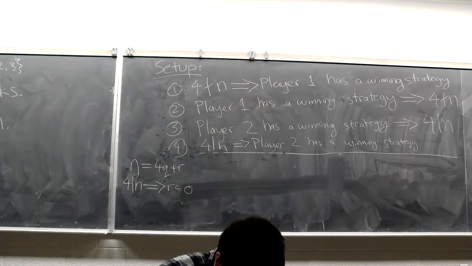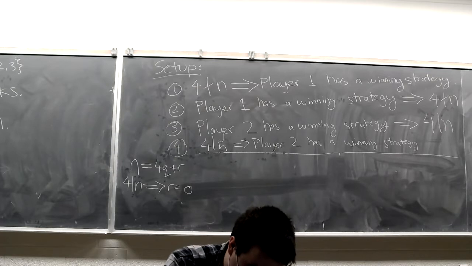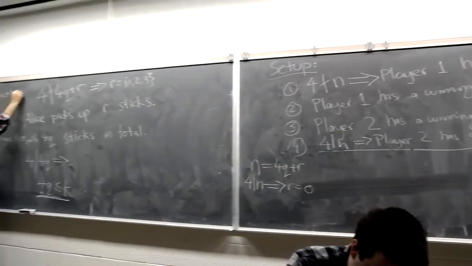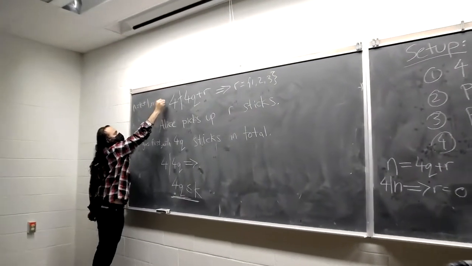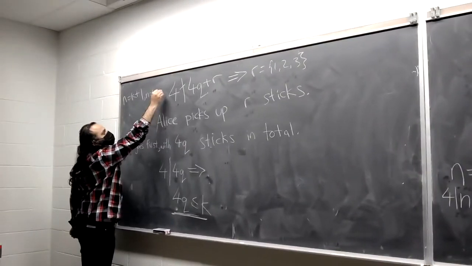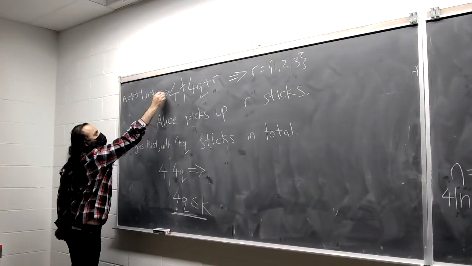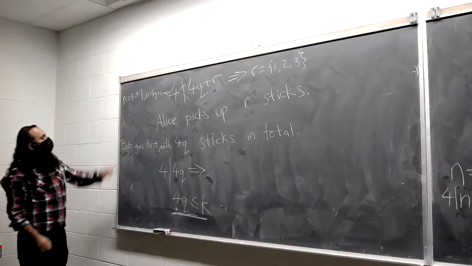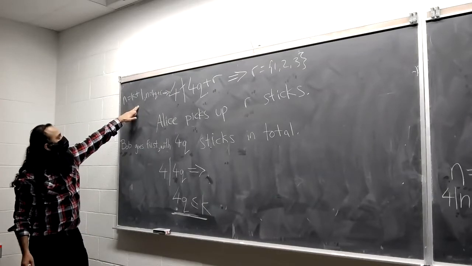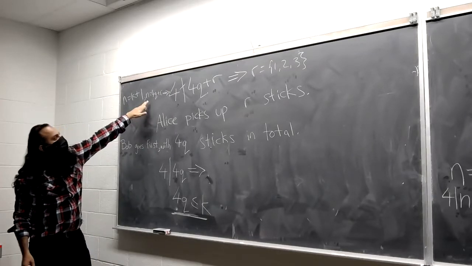So I have n equals k plus 1 and n equals 4q plus r, then I think I can put an implication symbol there. So n equals k plus 1, n equals 4q plus r.